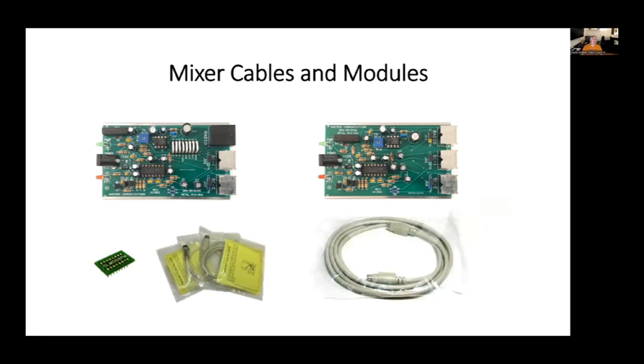This is what the insides of the mixers look like, the circuit boards. Here again, the one on the left is the RJ45 model. As you see, it's got a 16-pin configuration socket, and in this case, there are 8 wires that simply jump the input to the output. That's usually not ever going to work for you.